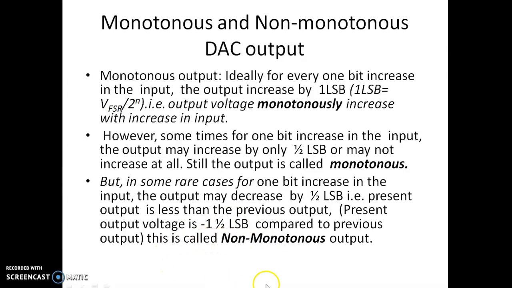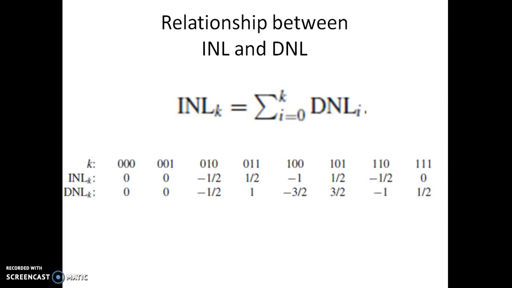Even if it is minus 1.5 LSB, it is still taken as monotonous. If it is less than minus 1.5 LSB, we call it non-monotonous output. So in the previous case, we had minus 3 by 2. Still we can call it monotonous because it is not going below minus 1.5.